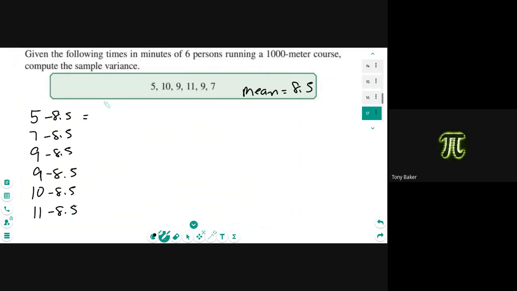So I get 2.5? No, 3.5. 5. Okay. So signs kind of matter.